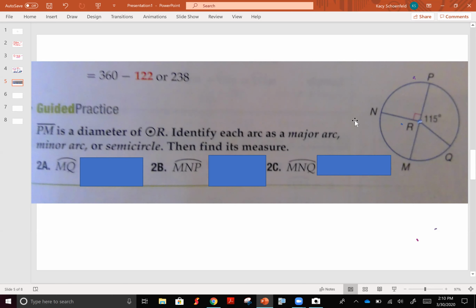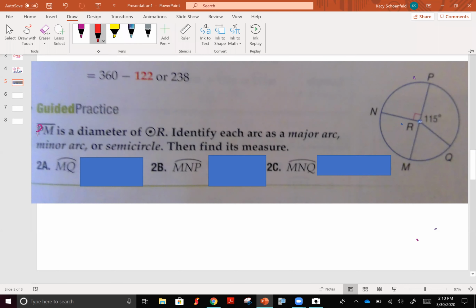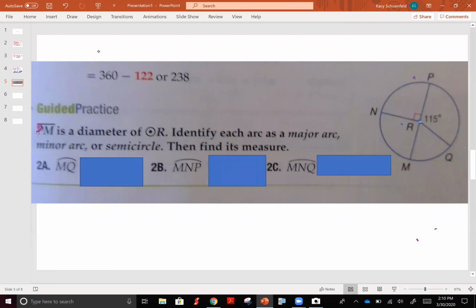It says PM is a diameter. I need to change my pen so that it works well. I don't know what parts show up for you, so I had something in my way. So it says PM is a diameter, right there, that's that line.